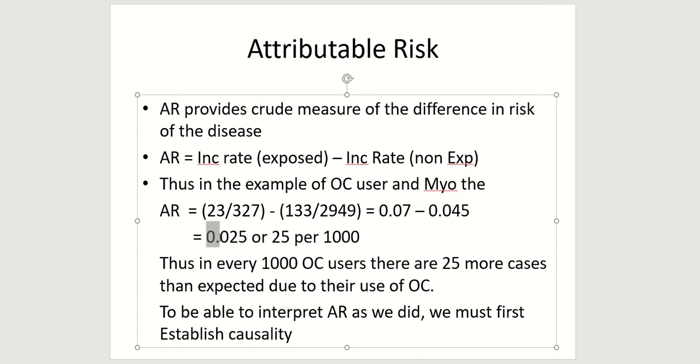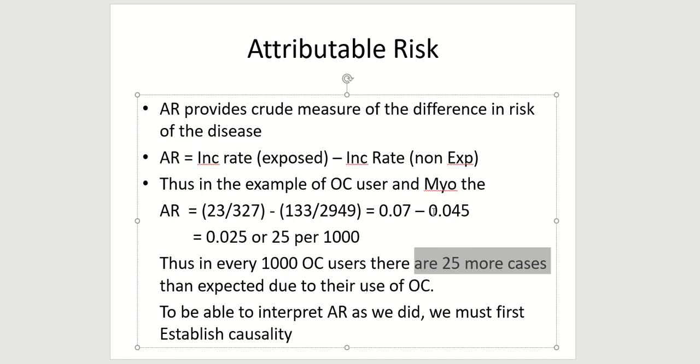That difference is 0.025, or in other words, 25 per 1,000. That is the attributable risk. What does 25 per 1,000 mean? It means that in every 1,000 users of oral contraceptives, there are 25 more additional cases than expected due to the fact that they are exposed. Okay? So think about it.